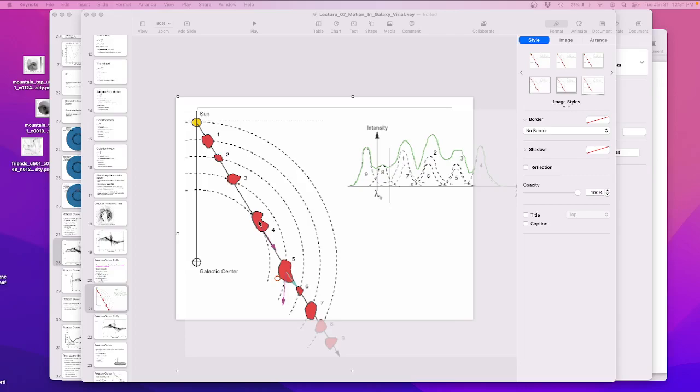That makes sense? So if I plot the intensity as a function of wavelength, I have this kind of messy blob of all of these things, but I can sort out which one is which. So this blob here is at a longer wavelength because it's moving away from me faster.